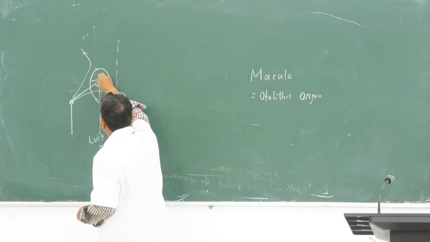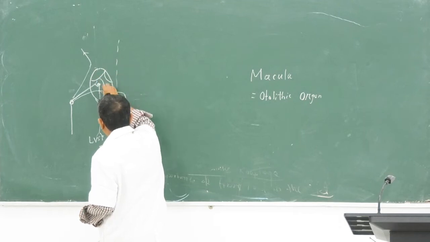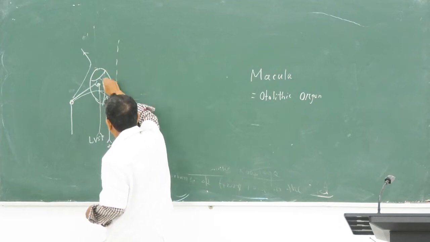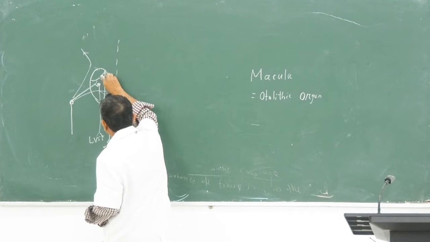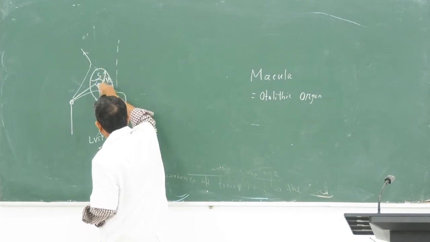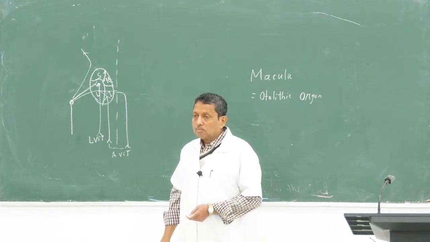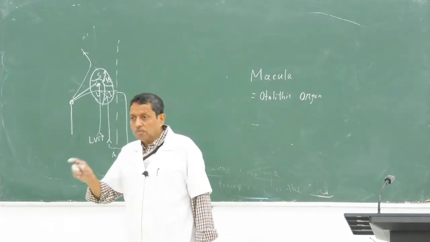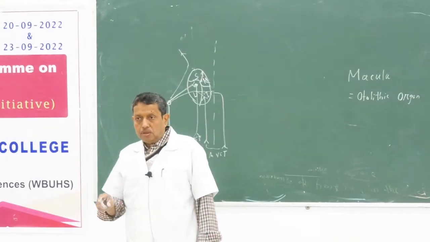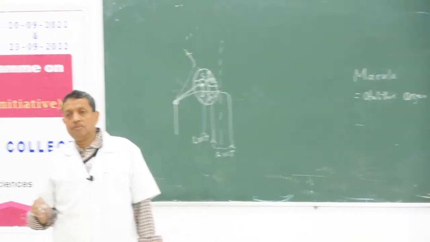Some are superior part, medial part, lateral part, and inferior part. You will find it in your text. Medial, superior, lateral, inferior. So we have to concentrate more on this figure, and how they are.